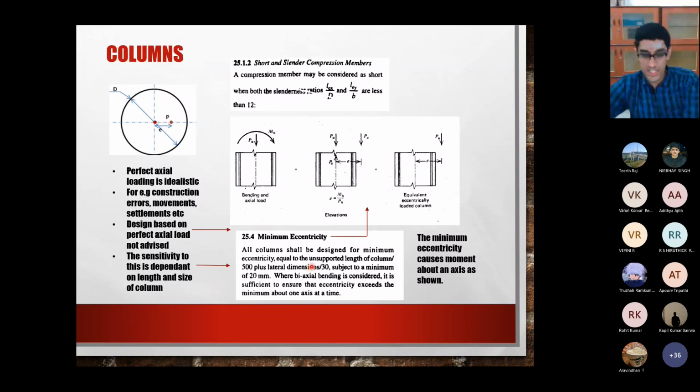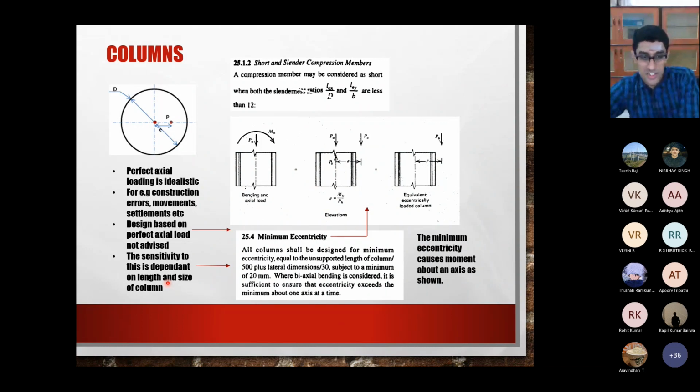So the code helps us there, saying that based on several studies and some rational approach, they have specified a value you can assume as the minimum eccentricity. The eccentricity depends on the length and size of the column. Length means the length, size means the width or breadth or diameter, whatever it is.